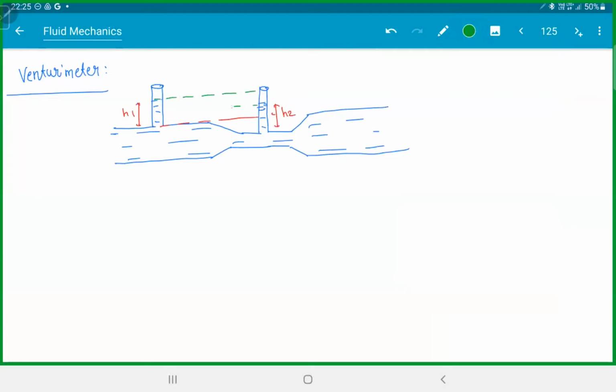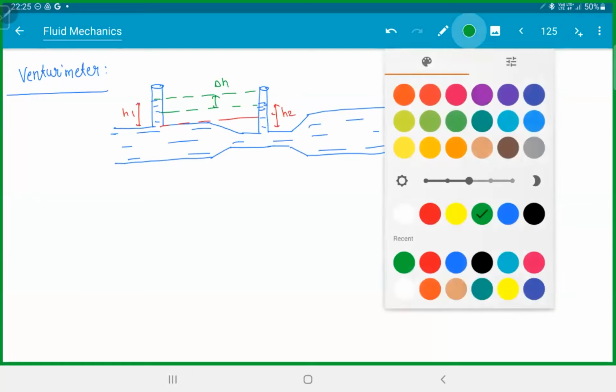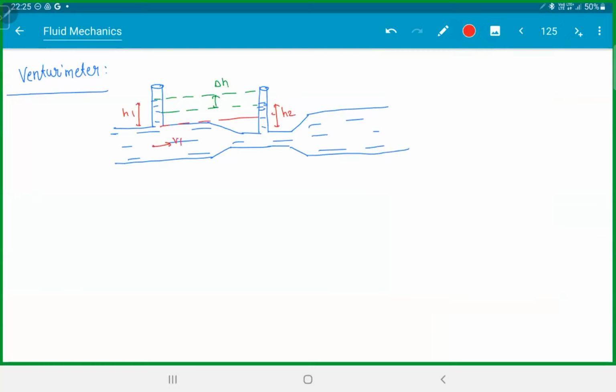From here to here, this gap is delta h, the height difference. Here velocity is v1, pressure is p1, area a1; there velocity is v2, pressure is p2, area a2. For venturimeter questions, generally they'll give you 3-4 quantities and ask for the other one.